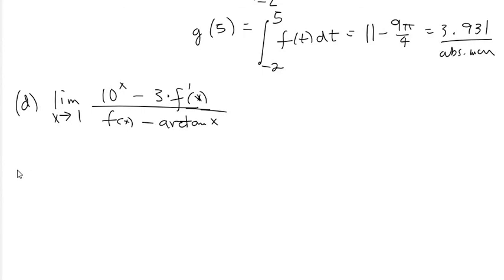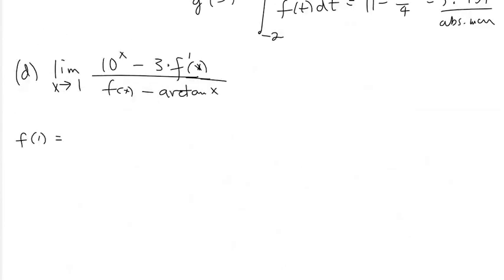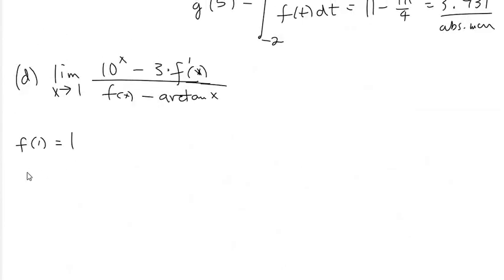All right, so let's look at that denominator and see what's going to happen. What's f of 1? Well, if we look at the graph up here, f of 1 is 1. That's easier to see on your real graph there. And how about the arctan of 1? When you plug 1 in there, what angle has a tangent of 1?